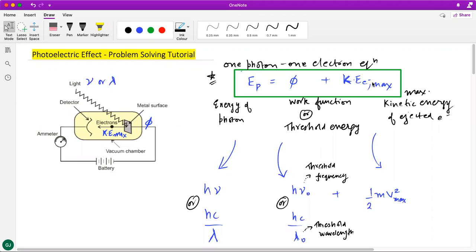And of course, you can write kinetic energy as half into mass of electron into the maximum speed of electron. I told you the reason for why we use this word max over here, because in this equation, we are assuming that there is no other form of loss of energy, like all the energy that is coming from the photon is used in overcoming or coming out of the atom, and the remaining is imparted as kinetic energy.